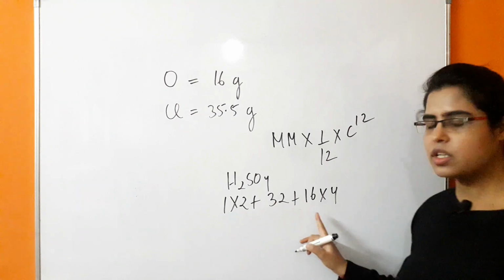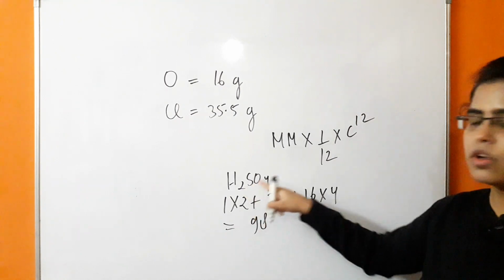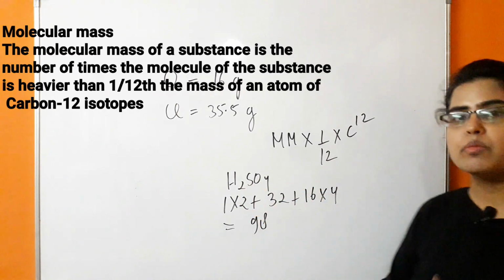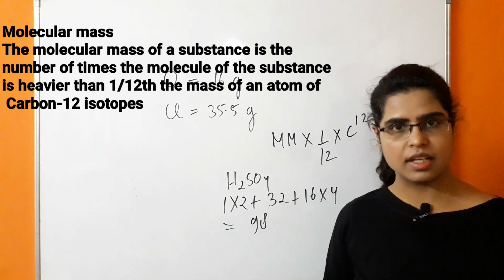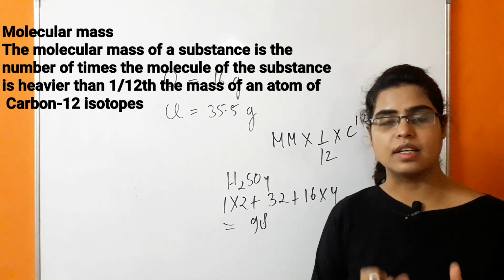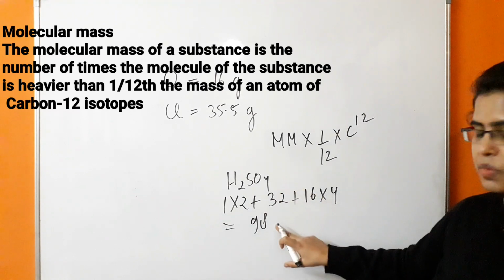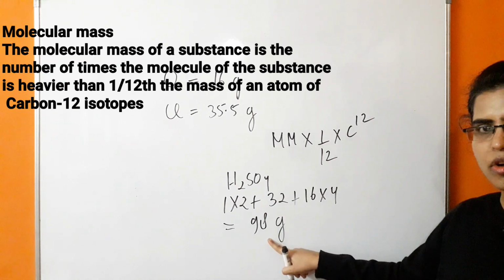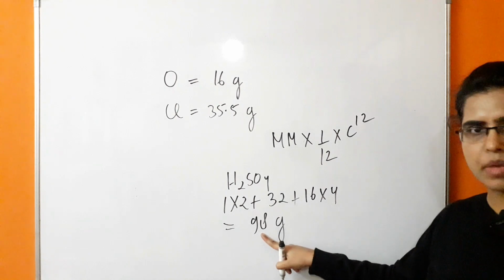On addition, the mass obtained for H2SO4 is 98. This is the molecular mass. If the molecular mass of a particular substance is expressed in grams, it is known as gram molecular mass. It means if the H2SO4 mass is expressed in grams, this will be known as gram molecular mass.